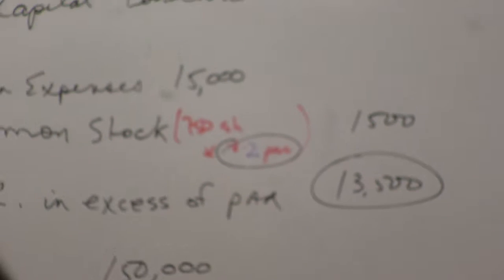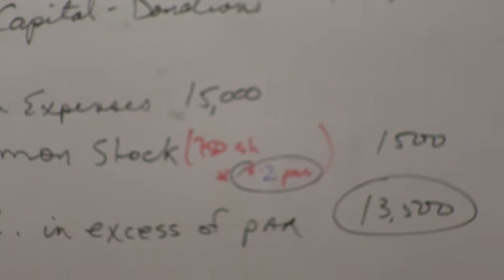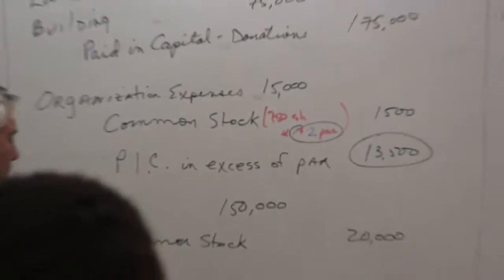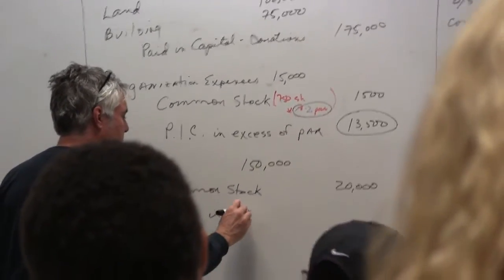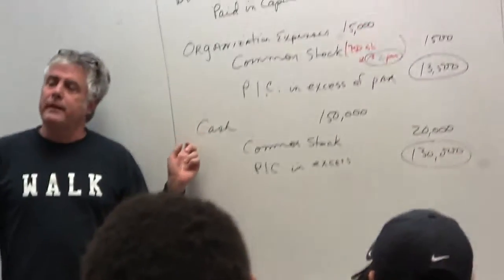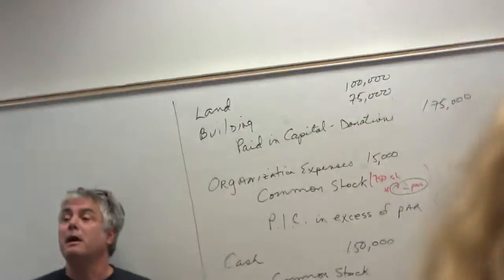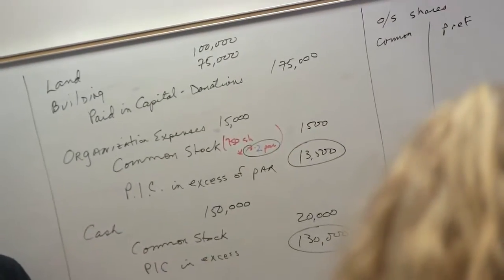Okay? Do you have equal credits? No. So I need another credit, don't I? So, Thomas, what this is saying, the market was willing to pay $15 for stock that I had assigned a $2 par value.